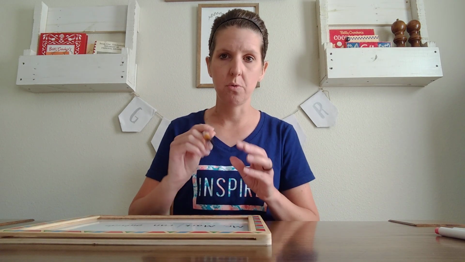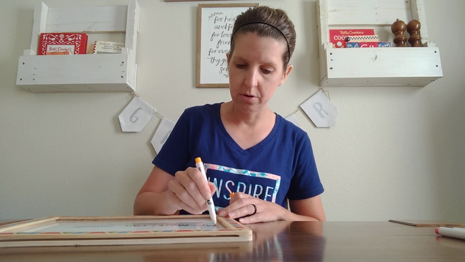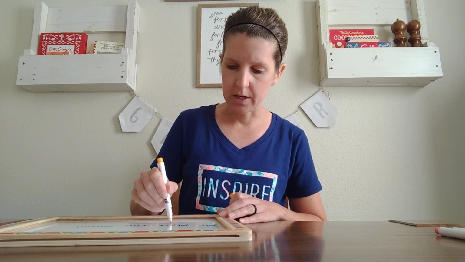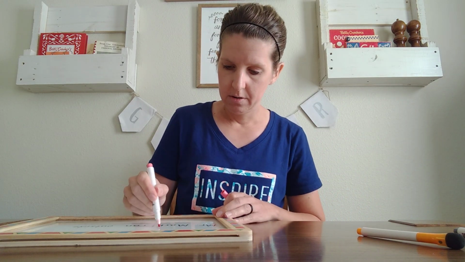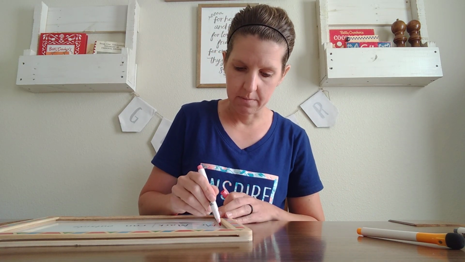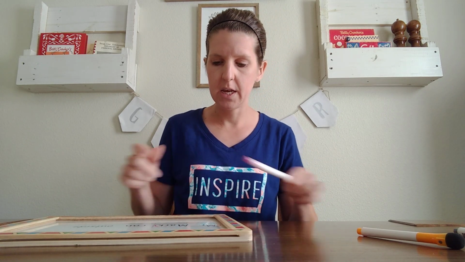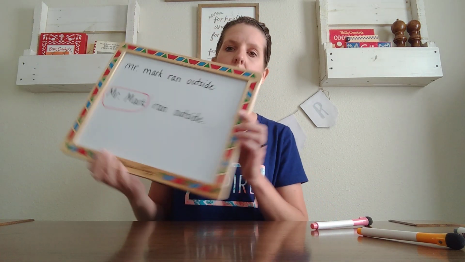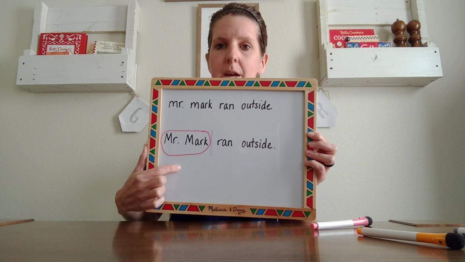So I'm going to use orange, and I'm going to draw a circle. Ooh, boy, that's not coming out very well. I'll use red. It's hard to see. I'm going to draw a circle as best as I can around Mr. Mark, because this is my noun. Okay, this is my noun.